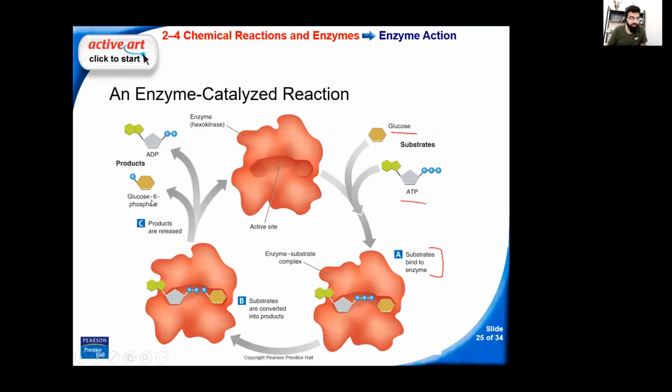Yeah, the product. Actually, when the ATP reacts with the glucose, the glucose needs the phosphate group from the ATP. So they react together to transfer a phosphate group. The phosphate group, the blue ball, will bind on the glucose during the reaction.